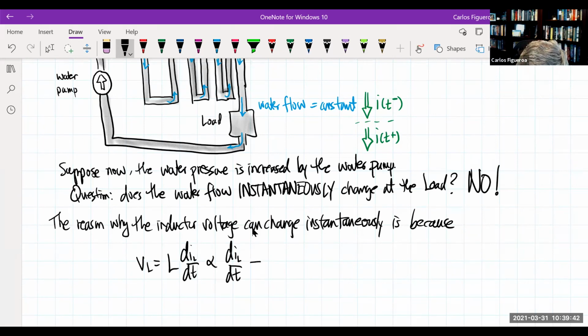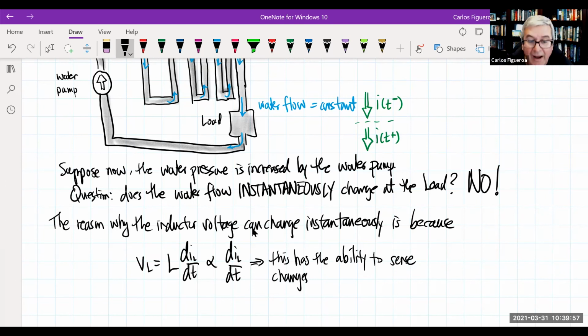And so what we're saying here is that this has the ability to sense changes, whereas the inductor current does not have that ability, but the inductor voltage does. That's what we mean by that.